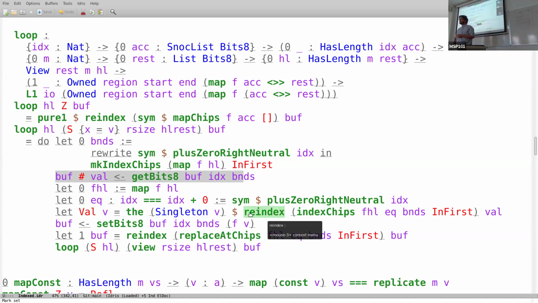Reindex takes a proof of an identity and casts the thing, so this should go away. And then you're setting the value. You are again reindexing and then calling the loop. So you're reading, resetting immediately. That's what we're touching. Ratio of proof structure to actual work.